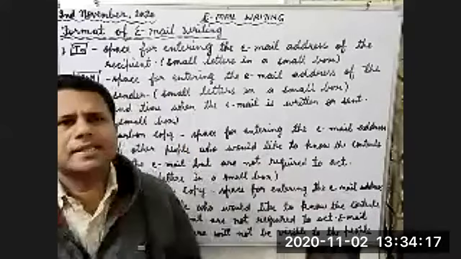Now comes the fifth point, BCC. BCC means blind carbon copy. Children, here also the same thing happens. Like in CC, carbon copy, here also the carbon copy is there.